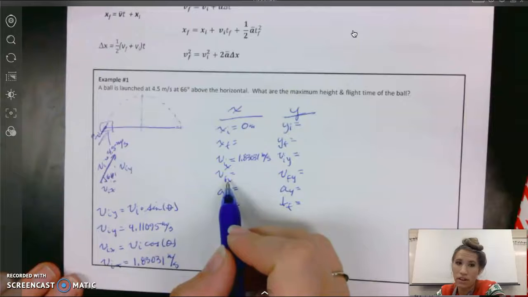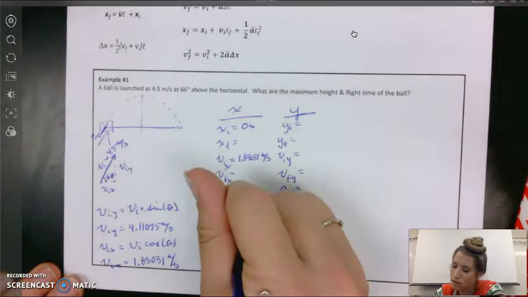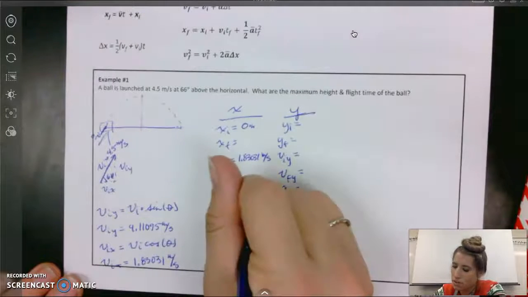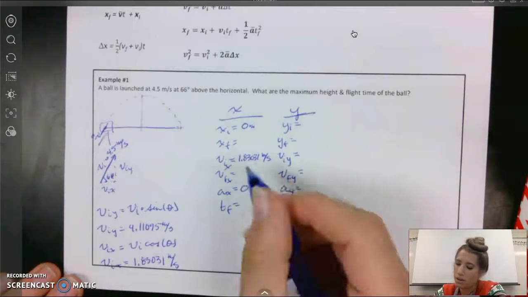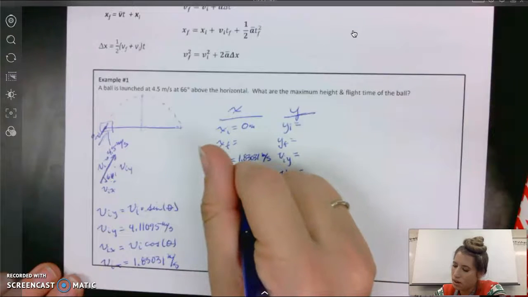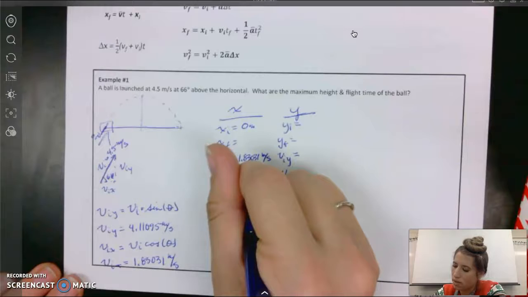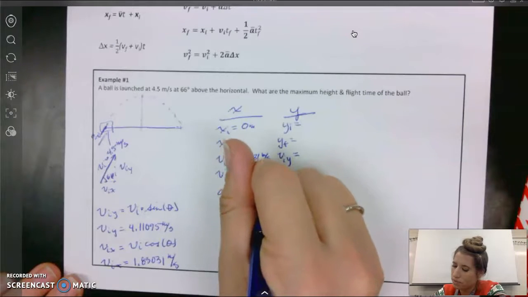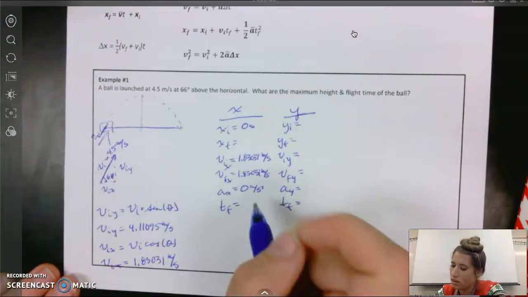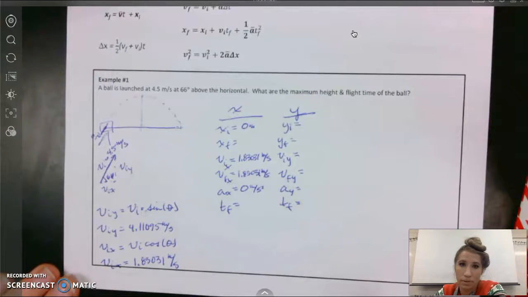Velocity final in the x: remember, in the x direction the acceleration is 0, so there's no change in velocity. Whatever I'm starting with, I'm ending with, so I also end with 1.83031. I don't know the time.